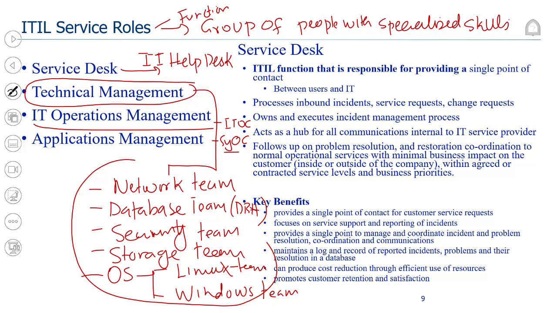This is for critical systems, systems which cannot go down even for a single minute, like your payment gateways and your ATMs. Those are very critical systems. So they would have these teams called the IT operations management team, but they always call them ITOC.